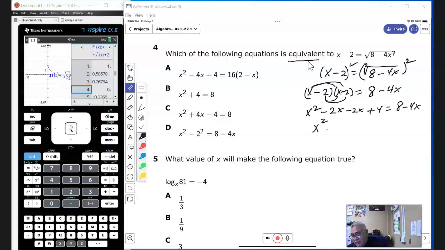So you have x squared minus 2x minus 2x is negative 4x plus 4 equals 8 minus 4x. If I add 4x to both sides, I have x squared plus 4 equals 8, since these cancel. So the best answer is B.